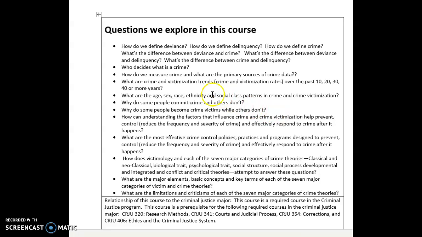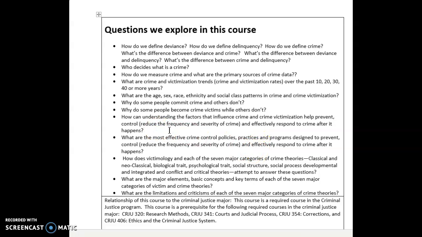We will look at crime and victimization trends over the past 10, 20, 30, maybe even 40 years to see how property and violent crime has either gone up or gone down. We'll look at age, sex, race, ethnicity, and social class patterns, both in crime victimization and in perpetration.